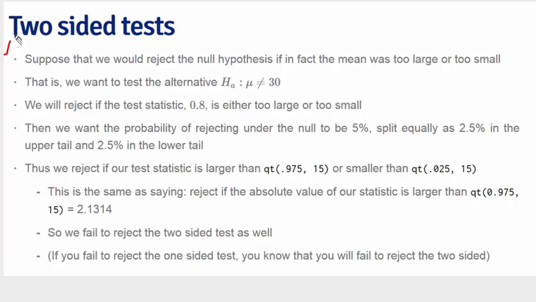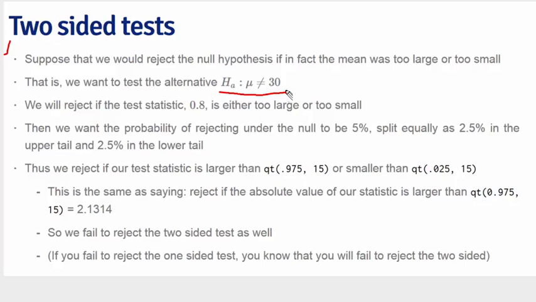However, it's often the case that in scientific settings, a two-sided test is demanded regardless of whether or not it makes scientific sense. So it's important to understand how to do two-sided tests and the fact that there are some instances where you are mandated to do a two-sided test even though it doesn't necessarily make that much sense to consider the other side. So we want to reject, in this case, if we were to do a two-sided test, whether or not mu is different from 30.